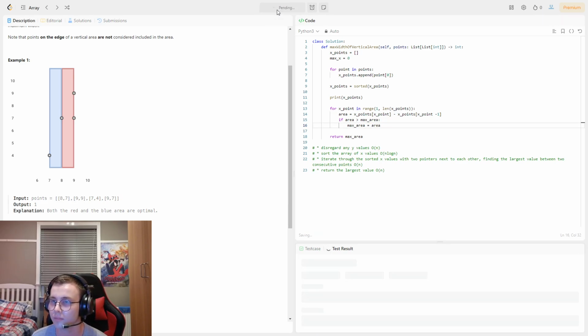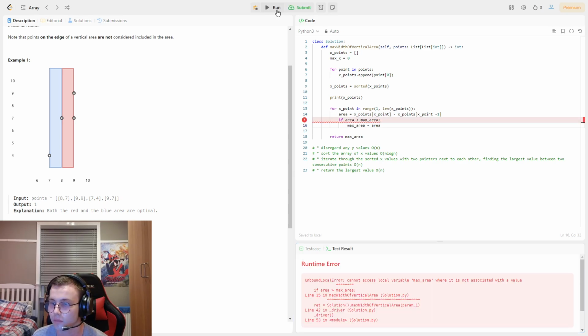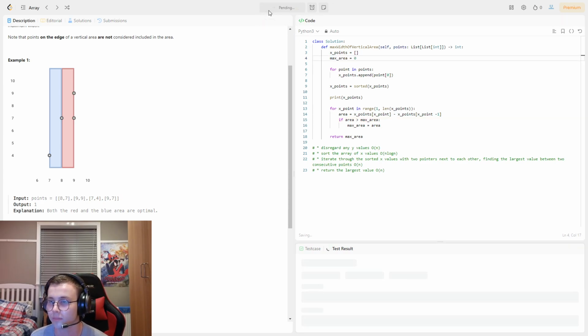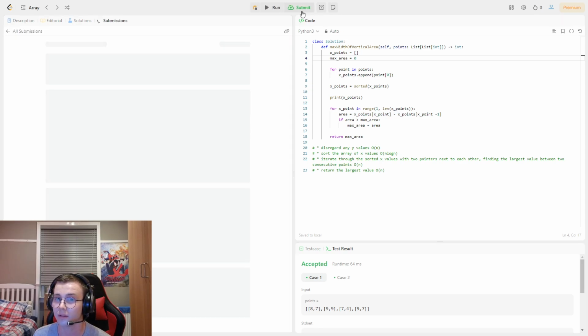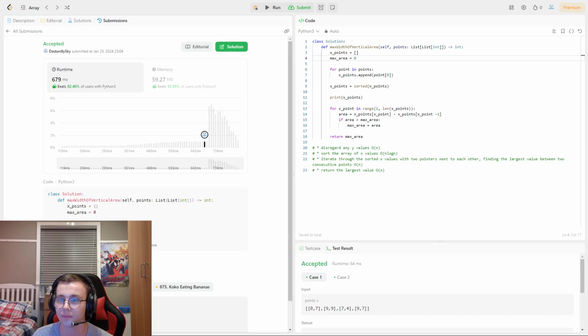Let's hit run, and max_area cannot be found because it's not been defined. We hit run, test cases pass, we hit submit, and hopefully, yep, it passes.